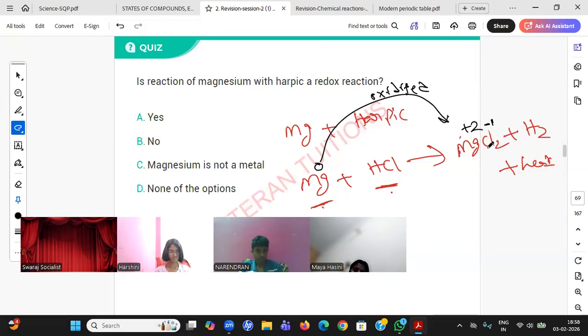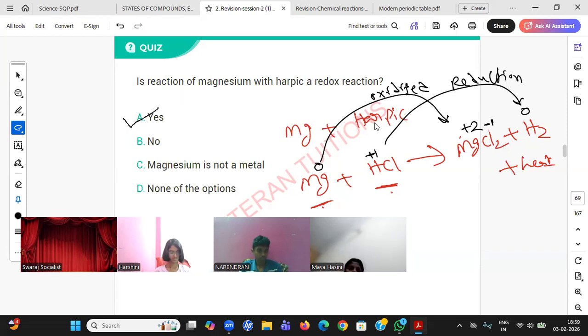Where is reduction happening here? Hydrogen is 0 here, and here hydrogen is +1. You see, +1 to 0. What happened? Gain of electrons. Reduction. That's the reason, student. Reduction and oxidation both are happening here. It's a redox reaction. Your answer should be yes.